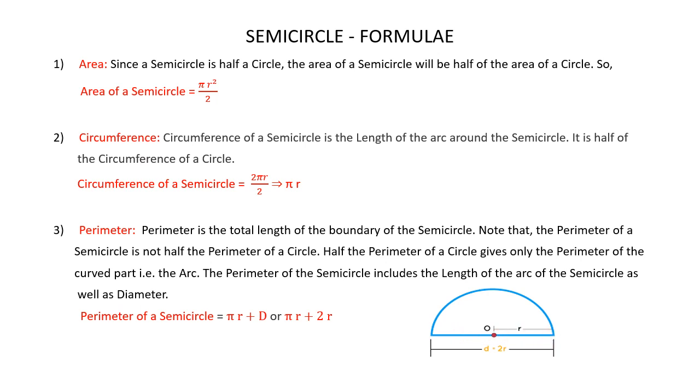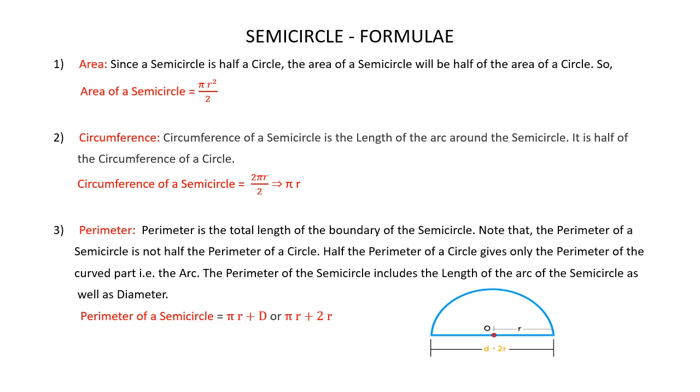So perimeter of a semicircle is equal to length of the arc of the semicircle plus the length of the diameter. We know that the length of the arc is nothing but the circumference of the semicircle, which is equal to pi r. And diameter is d. So perimeter of a semicircle is equal to pi r plus d.